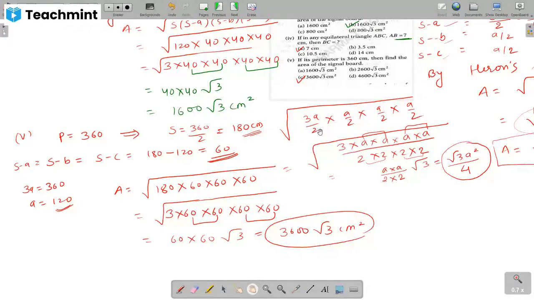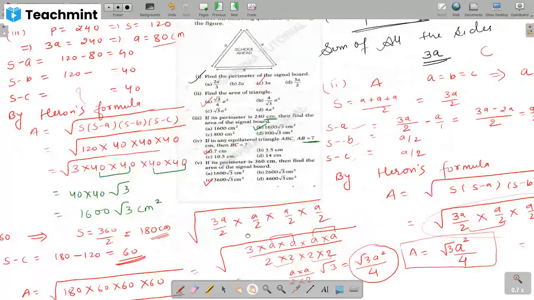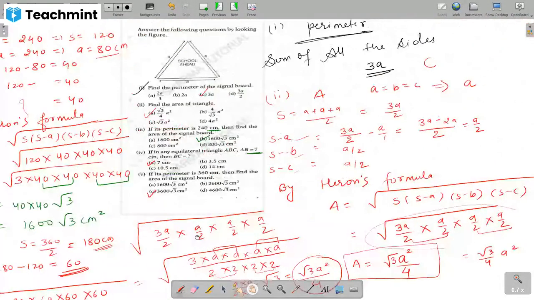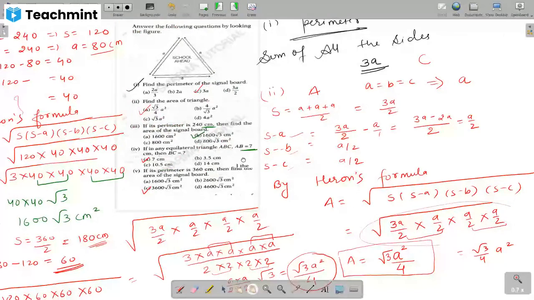That is why I used the whole paper. I didn't erase anything today. So no need to copy. Did you understand all the parts of this question? Any doubt in any part?